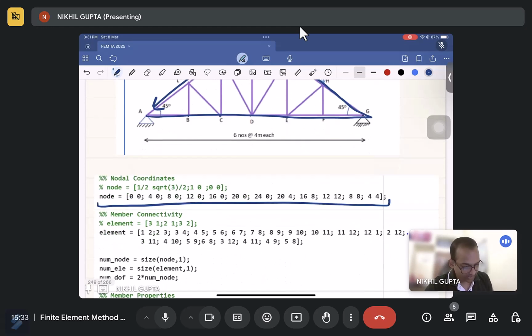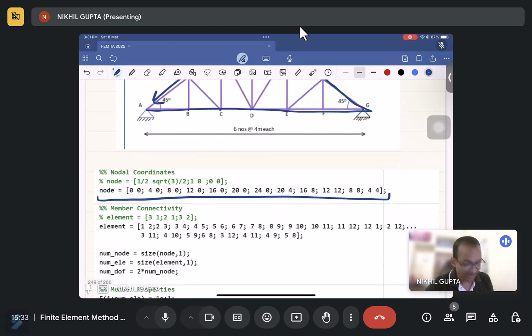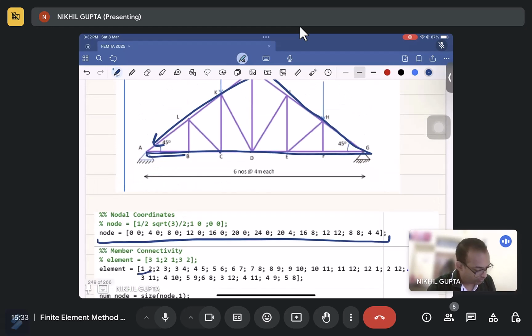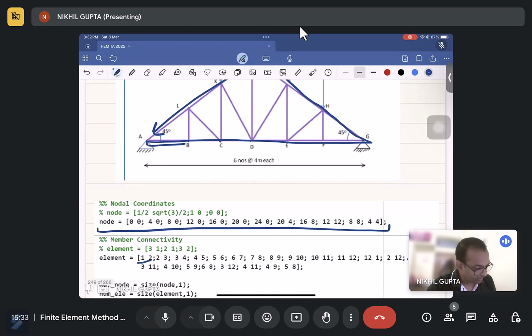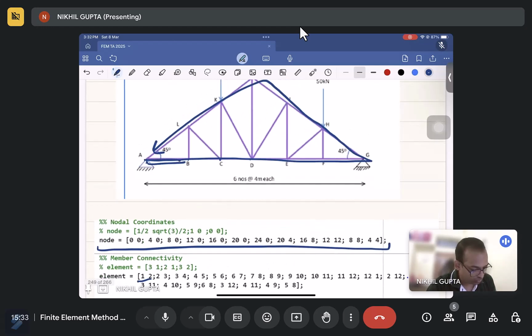Since you have defined the nodes, now you have to define the elements which are connected. 1 and 2 are connected, then 2 and 3 are connected. Similarly, 2 to 3, 2 to 4, and so on up to 12.